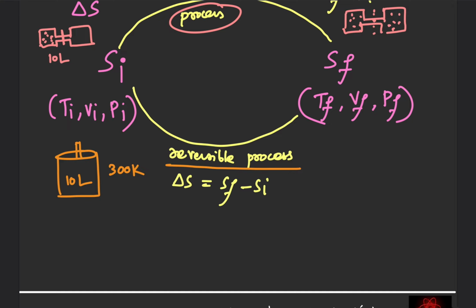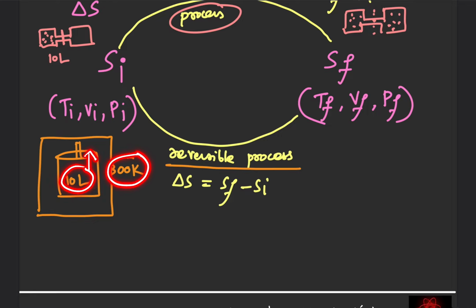Let the gas expand isothermally and reversibly by placing this cylinder in contact with a constant temperature bath at 300 Kelvin, and we allow the gas inside to expand to a volume of 100 liters isothermally and reversibly, because this is the hypothetical reversible process.